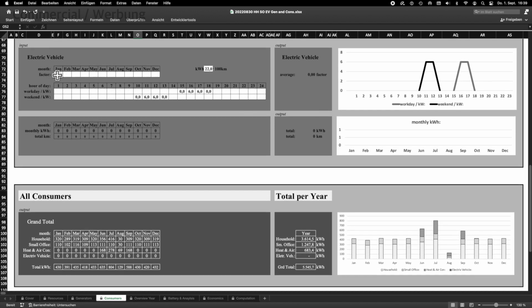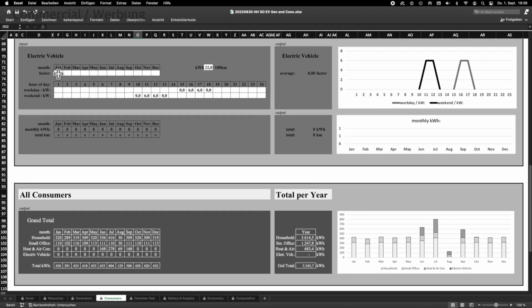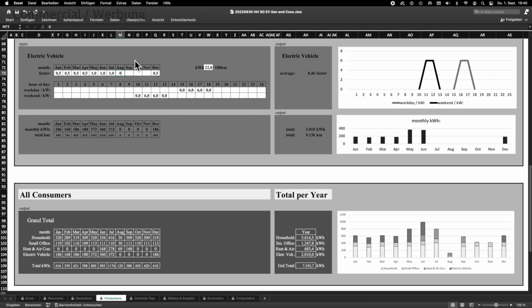Last but not least, there will be the electric vehicle next year, and we want to know how this would fit to our configuration. Again, we have a similar logic. We assume in our example that we use the car from December to April, only half of the average. In August we are absent, so we don't charge the car at home.